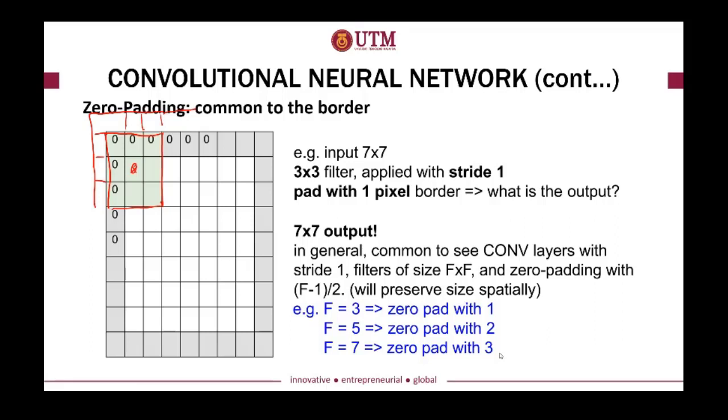You cannot change it, because the objective is to maintain the size of the matrix, meaning that you want the output matrix size to be similar to the input matrix size. This will be automatically generated by the algorithm, meaning that if you apply the filter size 3 times 3, it will use the zero padding with 1, and for filter size 5 times 5, the zero padding is equal to 2.